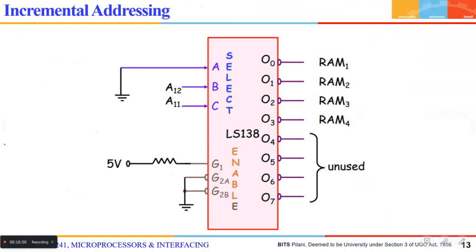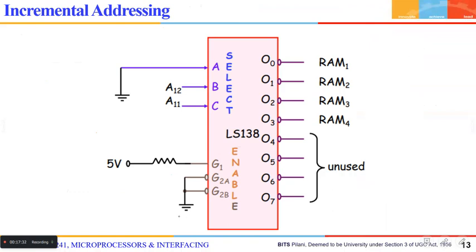That's why for incremental addressing, you make this permanently zero. Similarly, you know that G1 you want high always, and all the other inputs are zero. So like you have done this grounding, you do this for G2A and G2B also, grounding. Understood this? And you also need G1 to be 1, and this G1 to be 1 can be connected by using 5 volts.